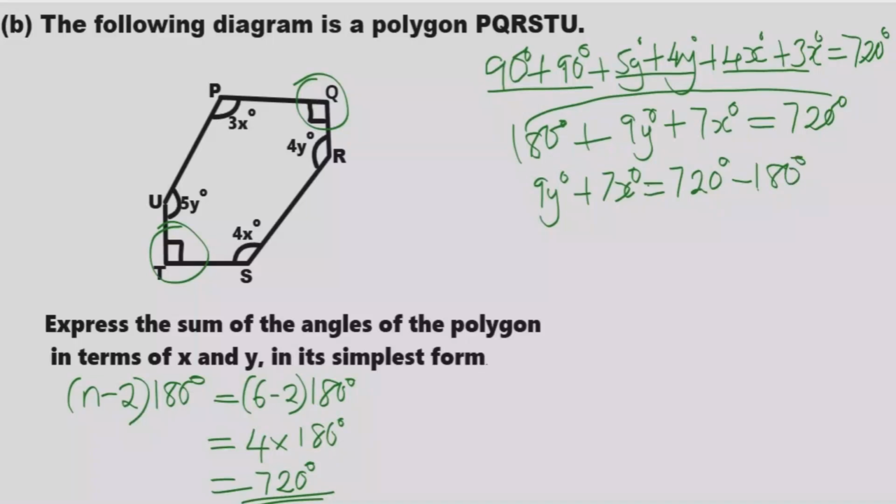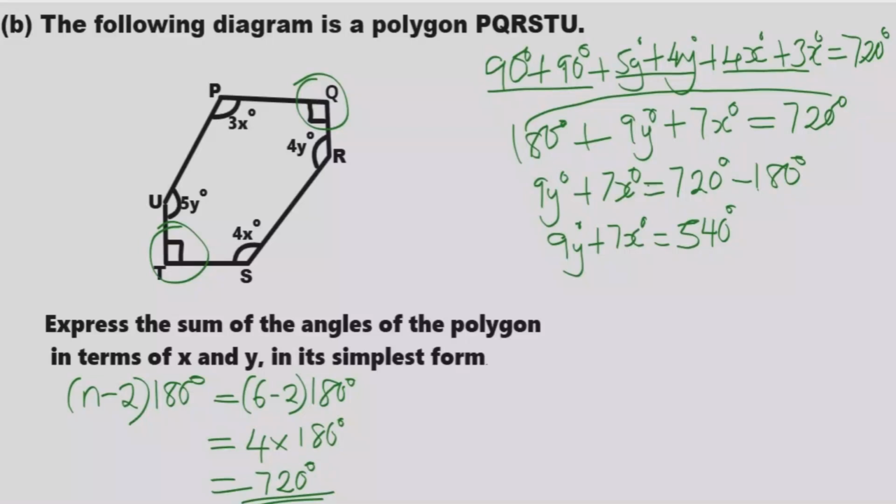We simplify. We can see that 9y degrees and 7x degrees are not like terms, so we continue writing them just the way they are. When we subtract 180 from 720, we're going to get 540 degrees. Okay, 540 degrees.